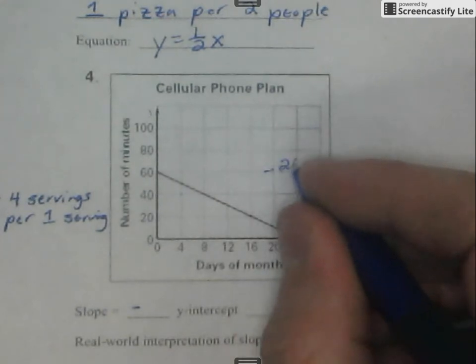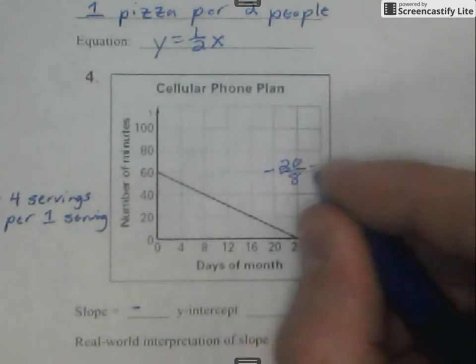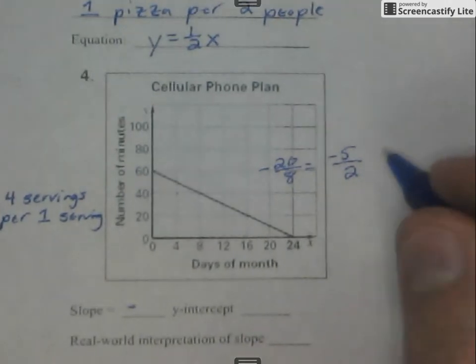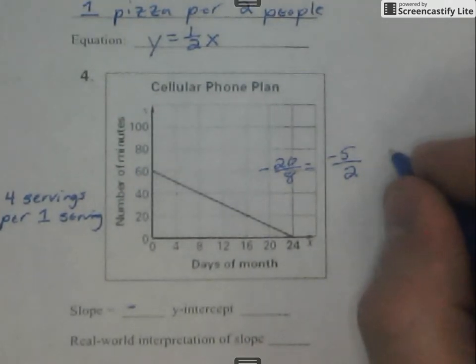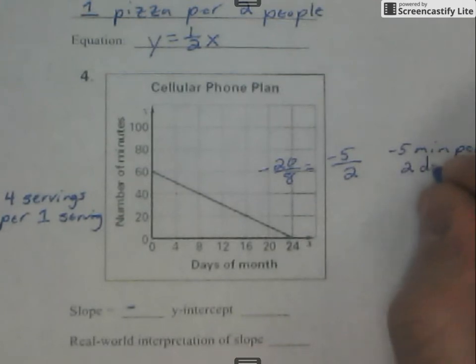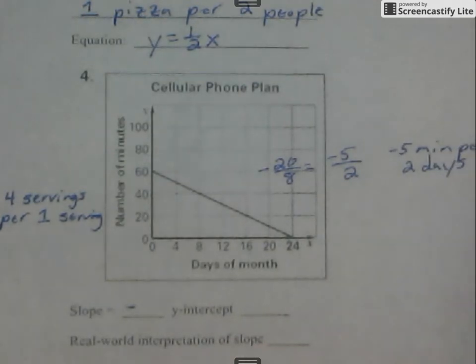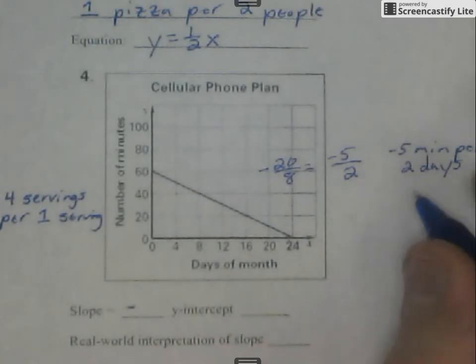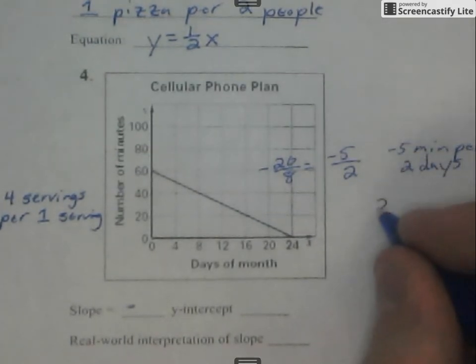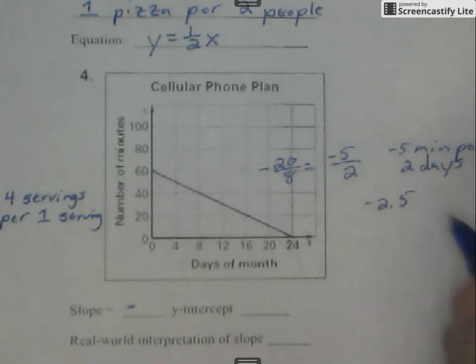If I look at this, this would mean that I have negative 5 minutes per every 2 days. Now, it's not the best. If we want to look at it, we probably want to look at this as a decimal. So 5 divided by 2 gives us 2.5. So I can say negative 2.5 minutes per day. And that's probably a little bit better than saying negative 5 minutes per 2 days.